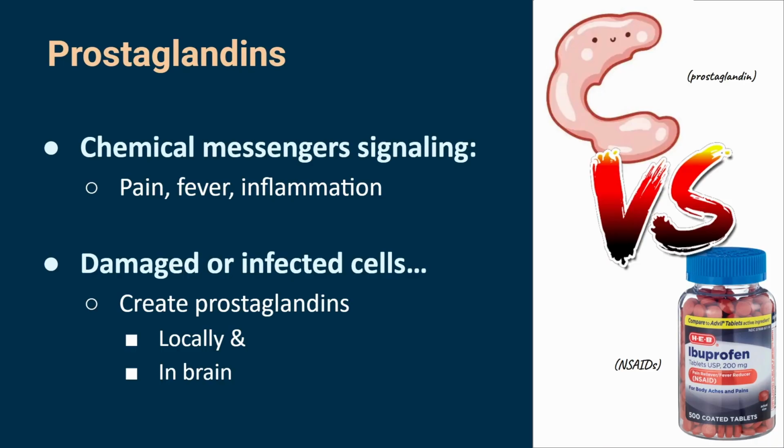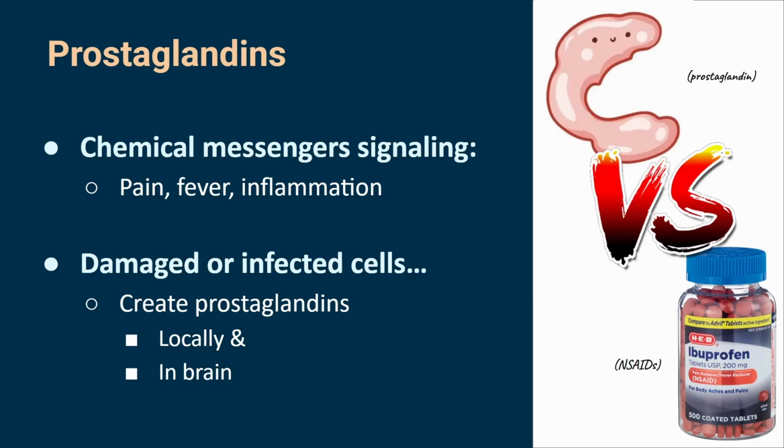A bunch of chemical stuff happens, and the result is the creation of a prostaglandin. And that prostaglandin is largely doing two things. Number one, it is sensitizing your nerves to pain so you feel more. And it's also transmitting that signal up to your brain to where prostaglandins are created so that you experience a fever.